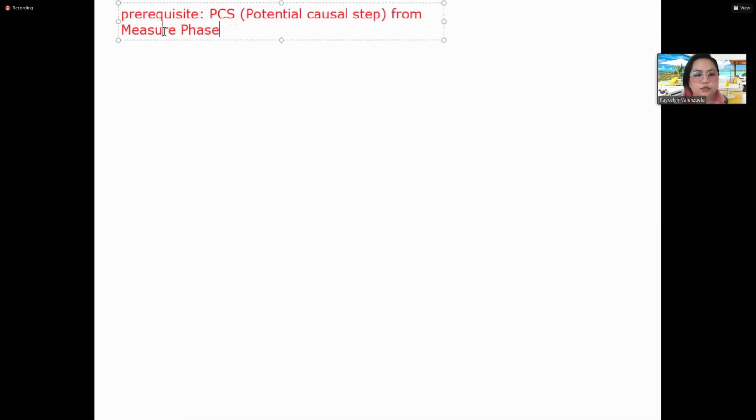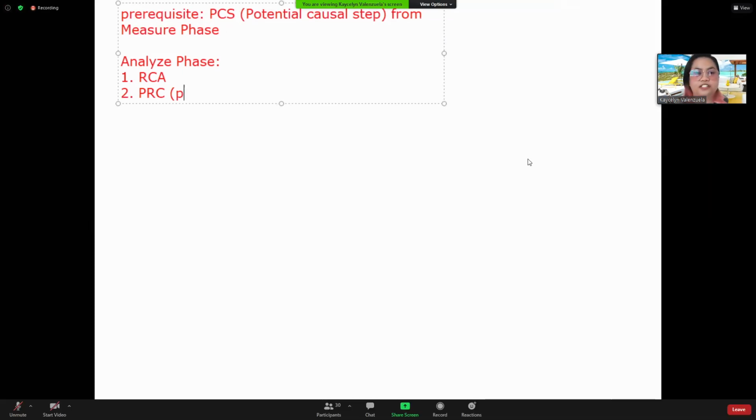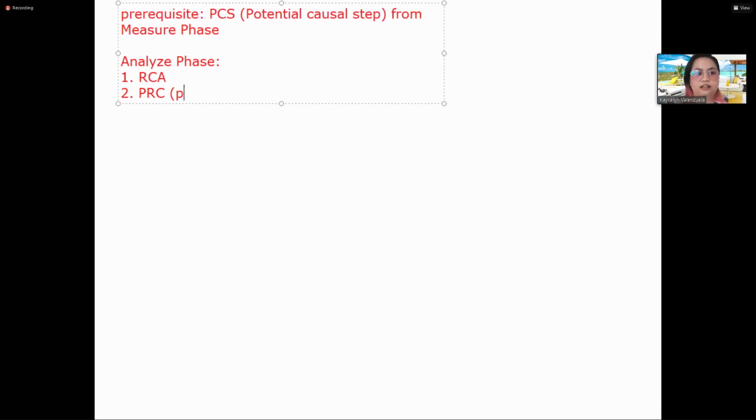Okay. So para pag pumunta tayo sa analyze phase, we can perform 1, RCA, based dun sa potential causal step natin. 2, we can identify the PRC. Ano yung PRC? What is PRC? Potential root cause. Correct? Very good, everyone.